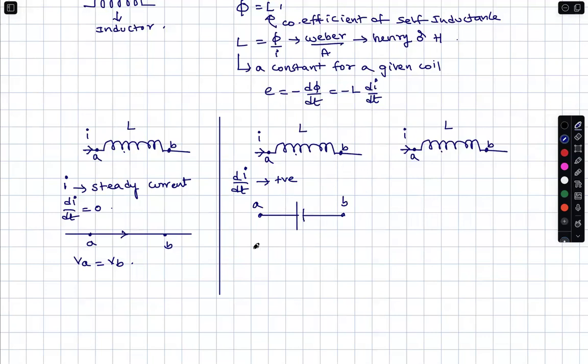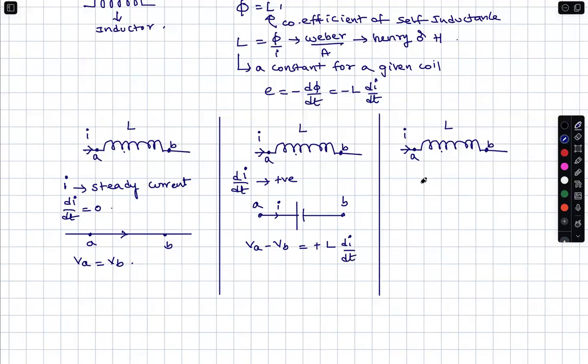The induced EMF is there because of the direction of the current, so to stop this current, this is how it should take. Therefore, VA minus VB in that case becomes plus L di by dt.